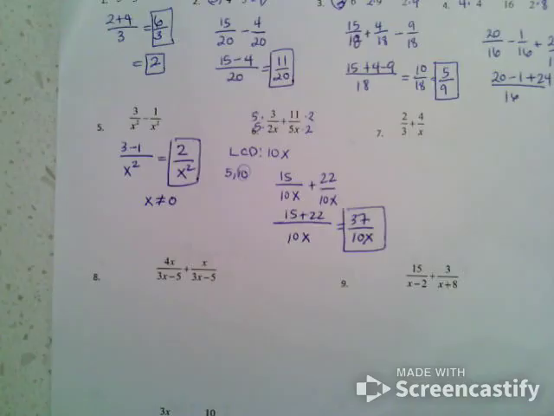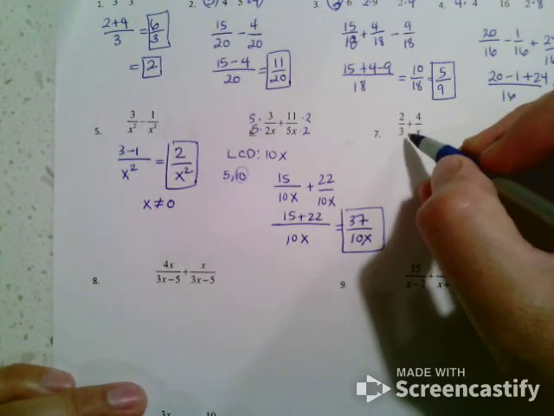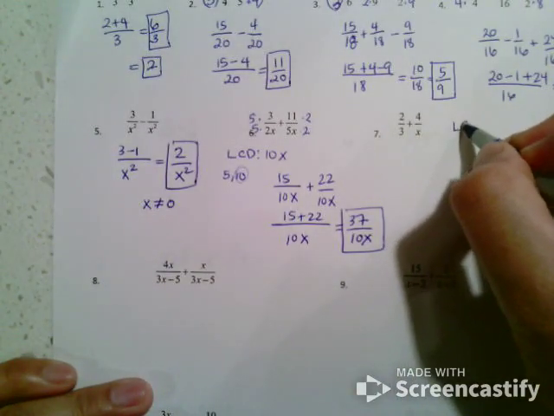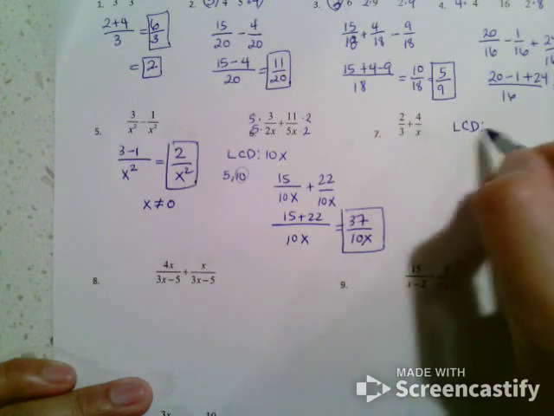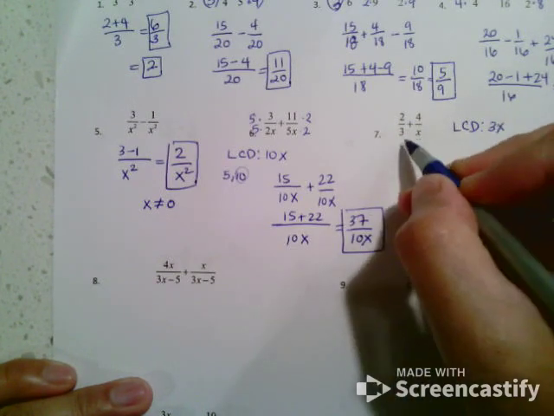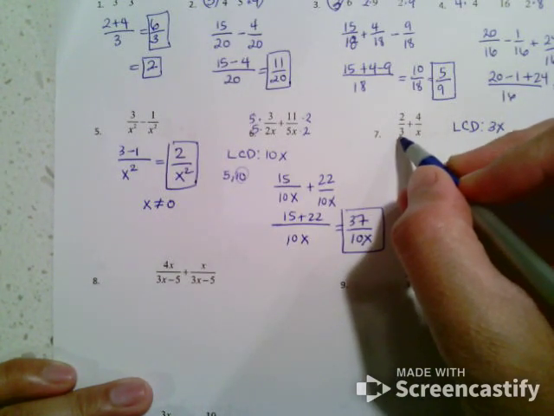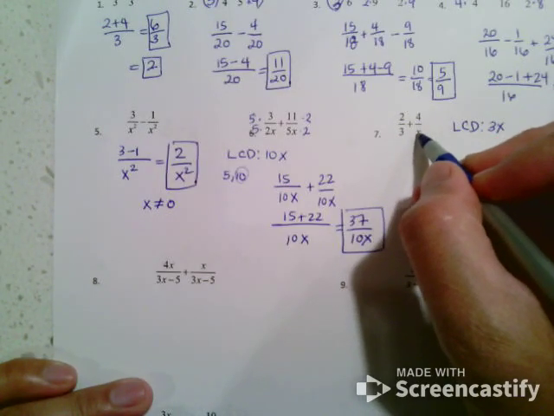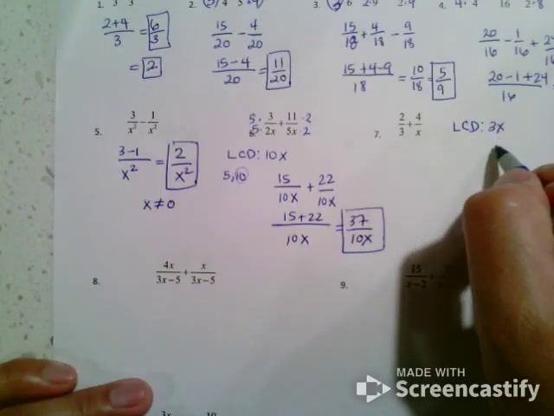Okay, so here we have 3 and x. When you have something like that, the least common denominator ends up being just 3x. This one tells me it needs to have a 3, and this one says the least common denominator needs to have an x.